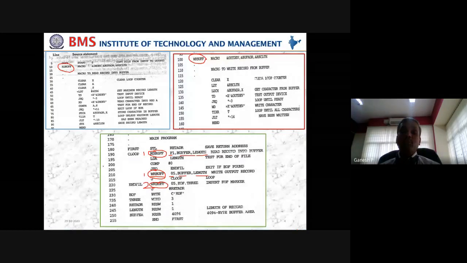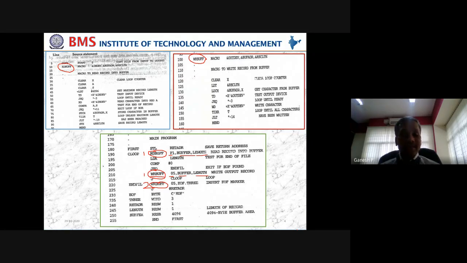Once one call is over, once one macro is called, I do not require normally the previous call parameters, that is actual parameters. I can get rid of them. So when there is a call for a second macro in the course of the program execution, there is a possibility that I can overwrite the existing actual parameters. Can that be done?